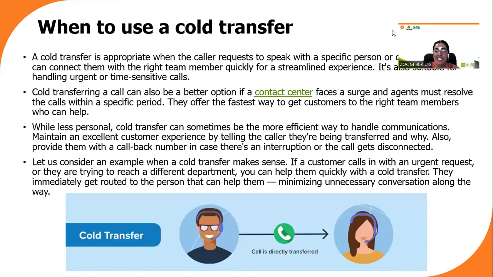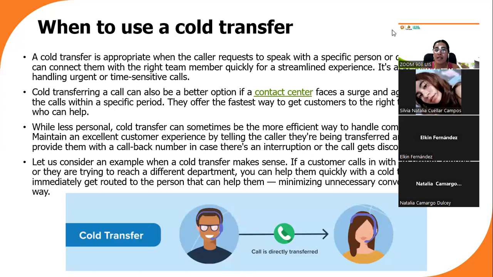All right, so this is the other case when the customer already knows that you are not the person that's going to help them, because maybe this is the general service. So the customer calls and tells you, hello, can you please transfer me to the billing department? They don't tell you anything else.